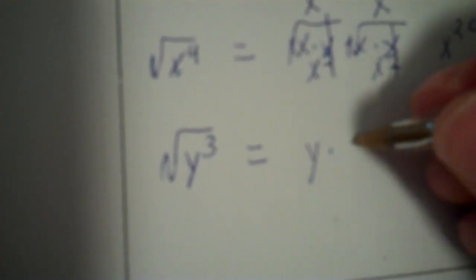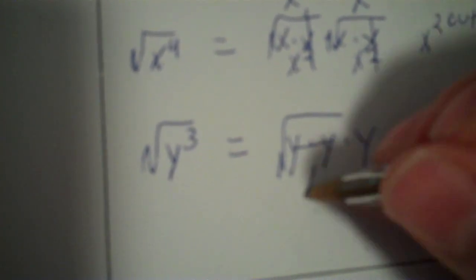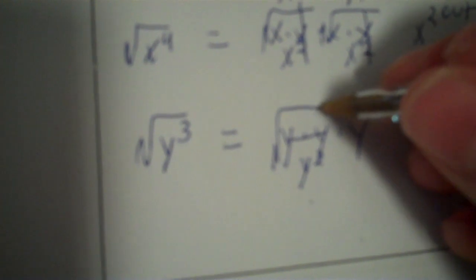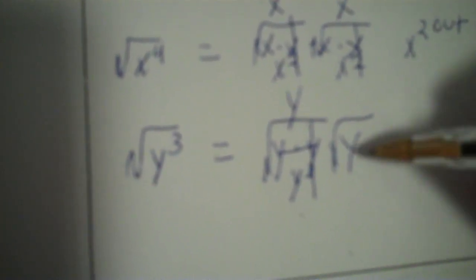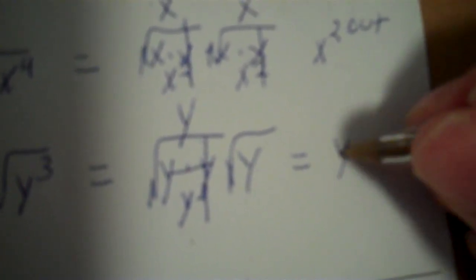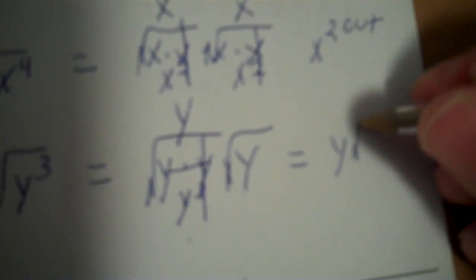I don't have anything inside at this moment. And y to the 3rd, that's y times y times y, so it would be y to the 2nd, the square root and the 2nd cancel, giving me y. Now this y still has a square root, but it doesn't cancel. So this equals 1 full factor of y and then a square root of y. So I'm going to have a y out and a y in.